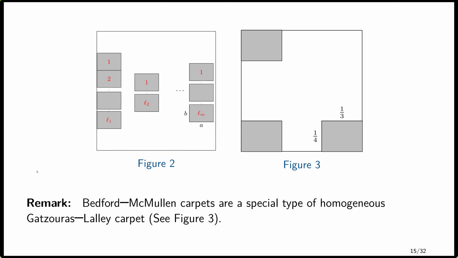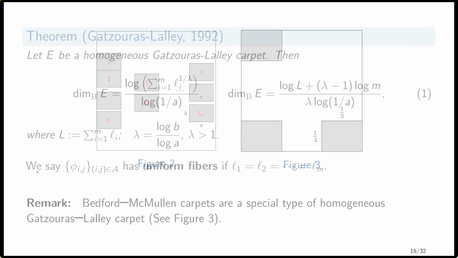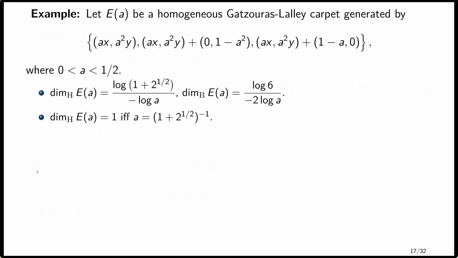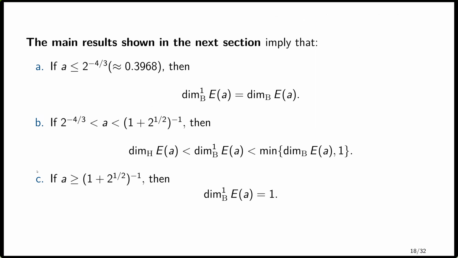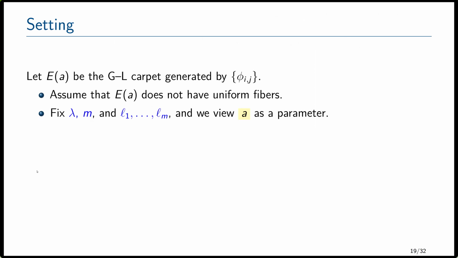Well, we can translate, and then we fix L_i, that is how many rectangles we have in each column. But we can just move them, making sure that the interiors of the rectangles are disjoint. So for example here, we fix the cardinality of rectangles in every column, but A changes. And then we view A as a parameter.